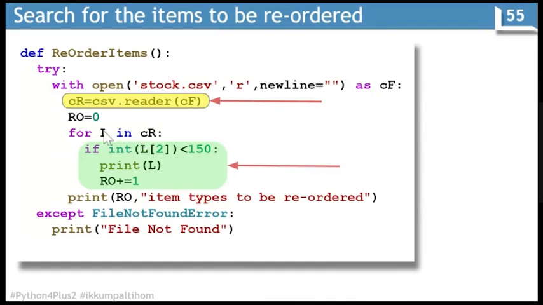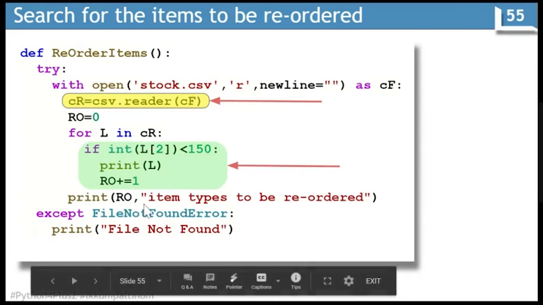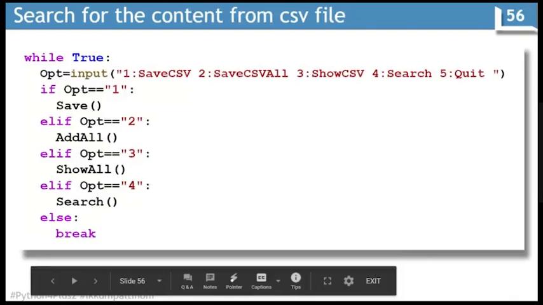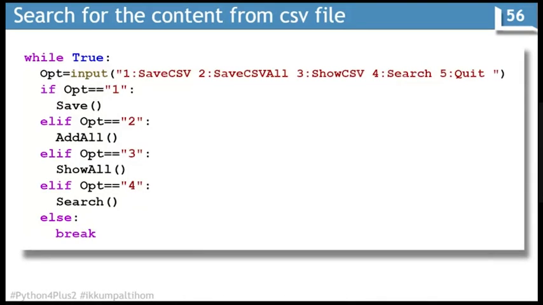We are extracting each list from cr, and wherever the integer-converted L2 is less than 150, that means it is required to be reordered. So we'll display that particular item and increment the value of RO, so that at the end we can display how many items require reorder. This is the main menu which can call all of the functions.